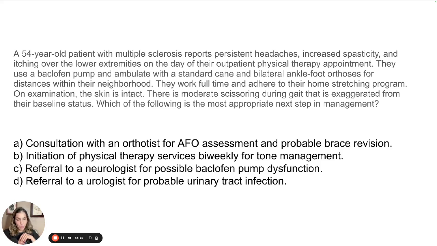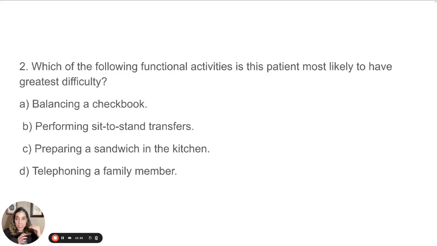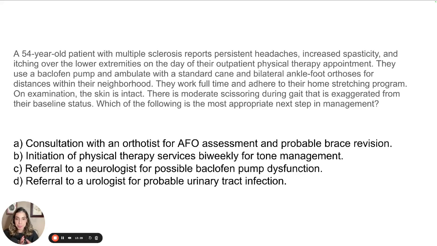And then when down to 2 to 3 choices, compare each directly to the question. Again, on the last one, functional activities. Okay. Again, these questions are going to be in the ABPTS Candidate Guide 2025.